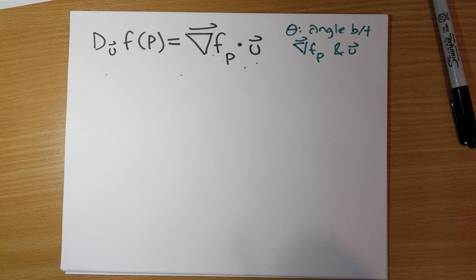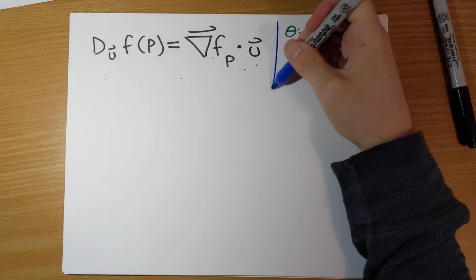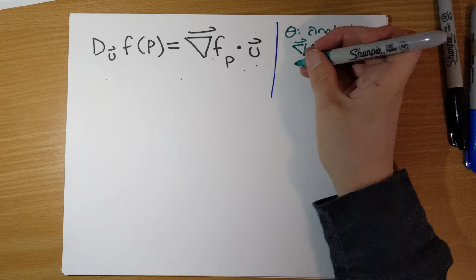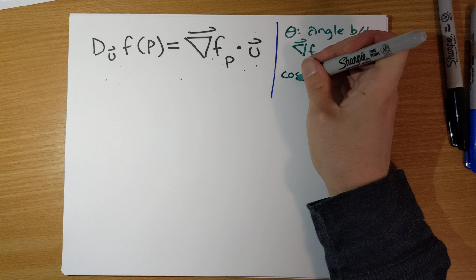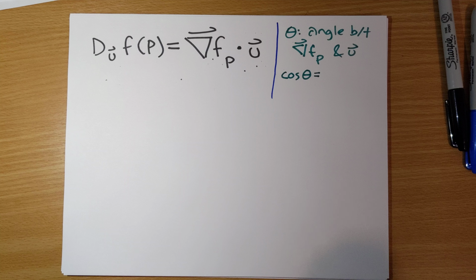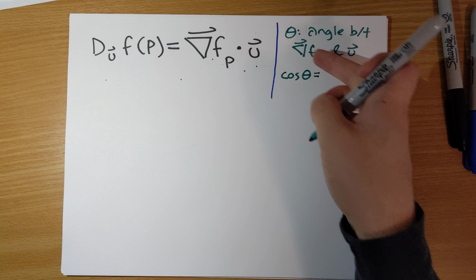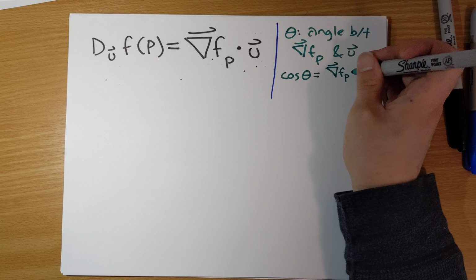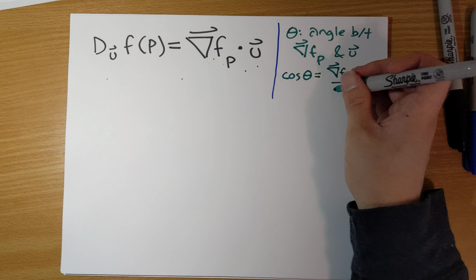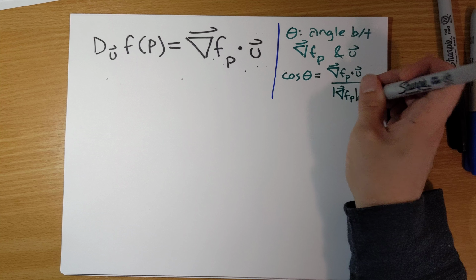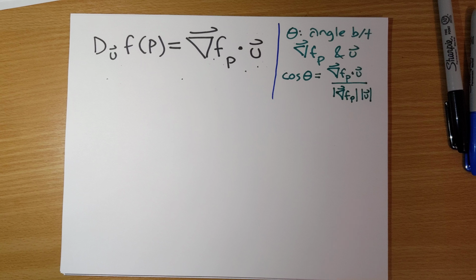So remember, what does our formula say back from section 12.3? Cosine theta, the cosine of the angle between these two vectors, is equal to the dot product of those vectors divided by the magnitude of the respective vectors here.